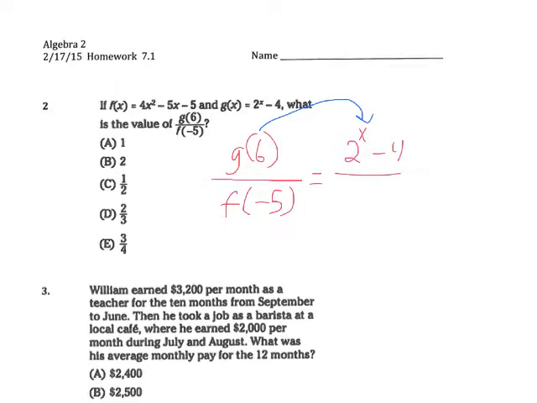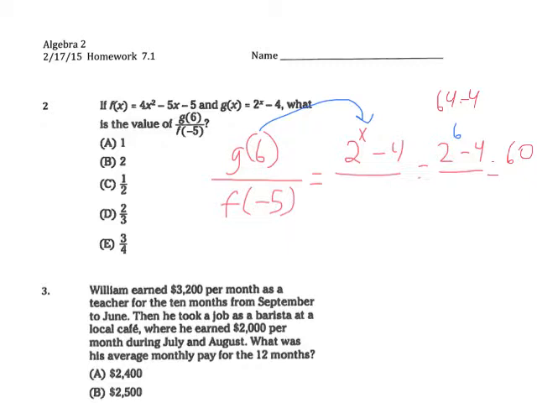So that would be 2 to the 6th power - 4. And 2 to the 6th power is 64, and then 64 minus 4 is 60.